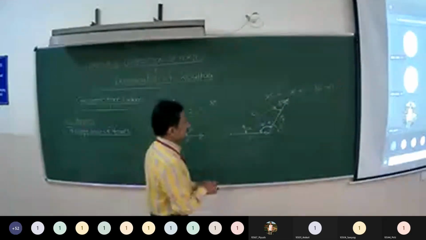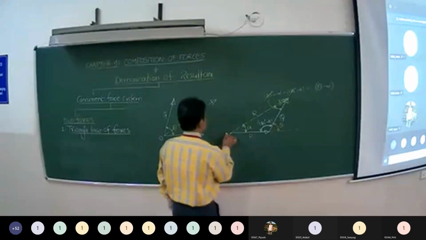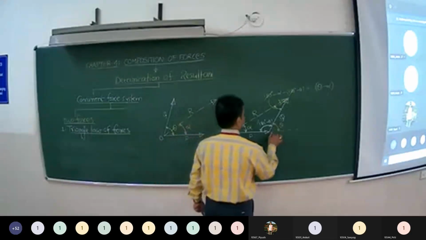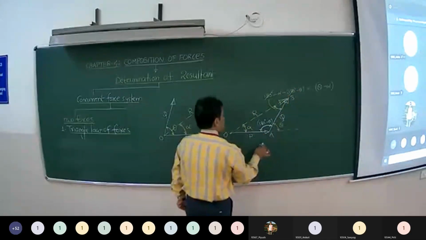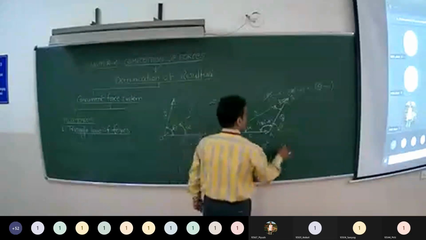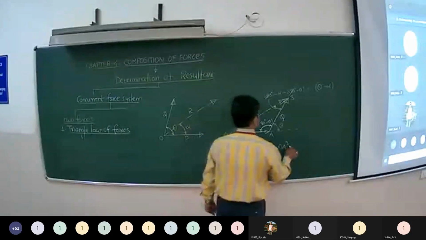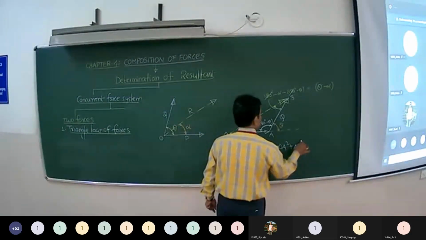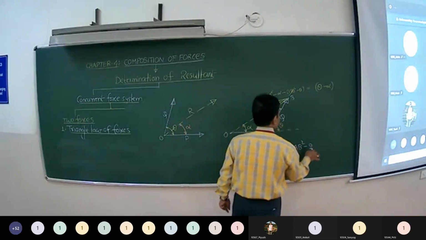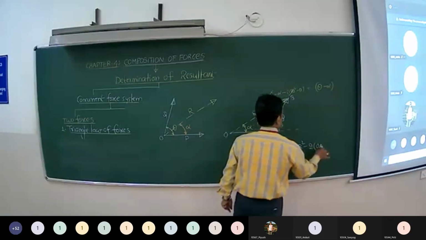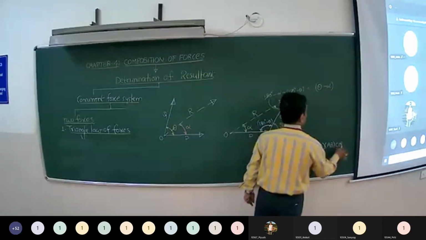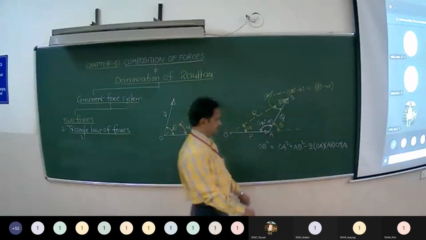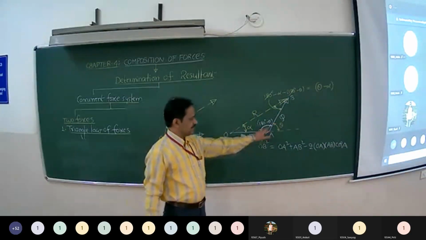Now what is the cosine rule? Suppose this is triangle OAB. Cosine rule says OB square is equal to OA square plus AB square minus 2 into OA into AB cos A. Cos A means that is 180 minus theta.